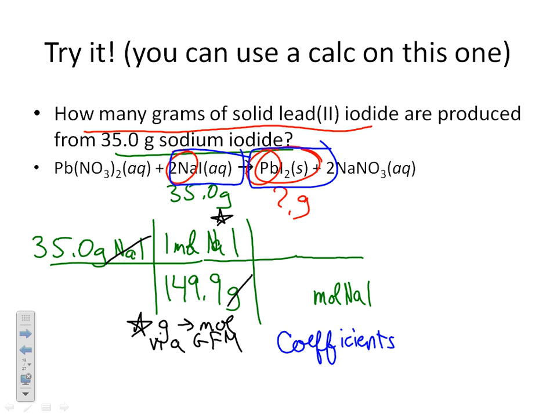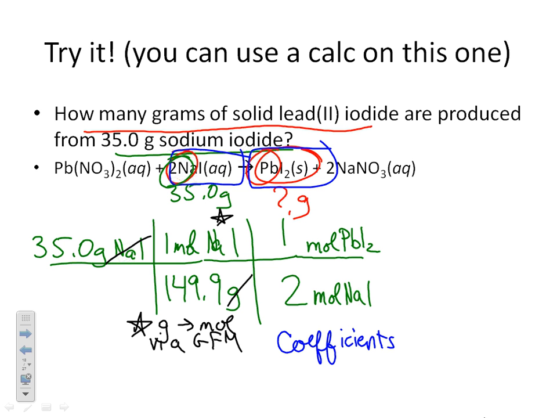Units cancel. And it's about turning moles of sodium iodide into moles of PbI2, because here coefficients allow us to compare. So this 2 is just going to get put right in front of the NaI, and there's no number in front of the PbI2. No number in chemistry means 1, because chemists are lazy and we've got lots of invisible ones. 1 mole of PbI2. These are our coefficients.